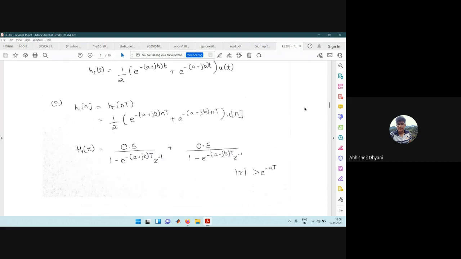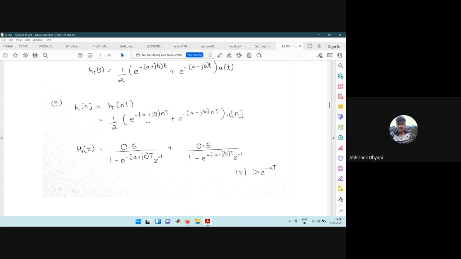Now I can take the Z transform, and it's quite straightforward actually, because we know that whenever we have any such term, we can write it as 1 by 1 minus a z inverse, right? So that will give me 0.5 in the numerator, and the denominator will be 1 minus this term e raised to the power minus (a plus jb) T into z inverse.